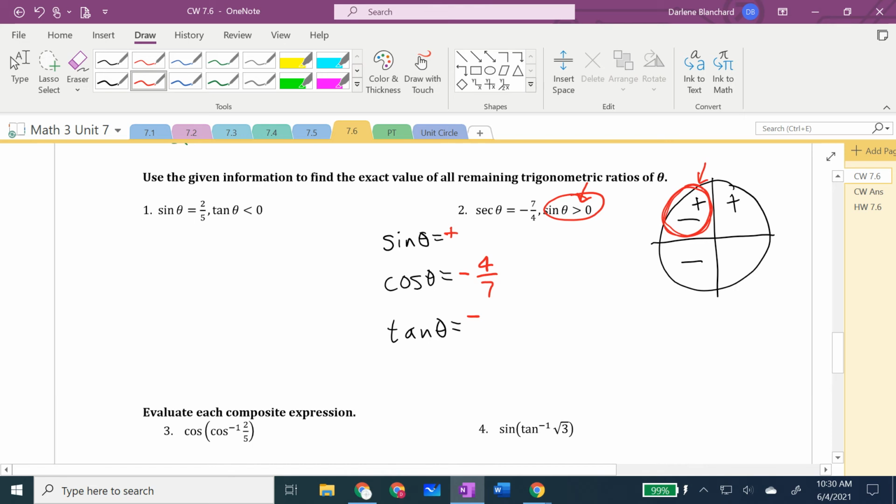So there are a variety of ways for you to figure out the positive or negative nature of each trig function with the information that is presented to you.